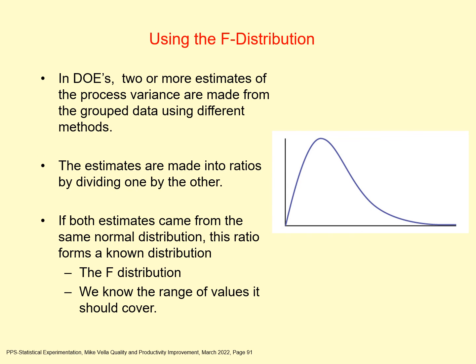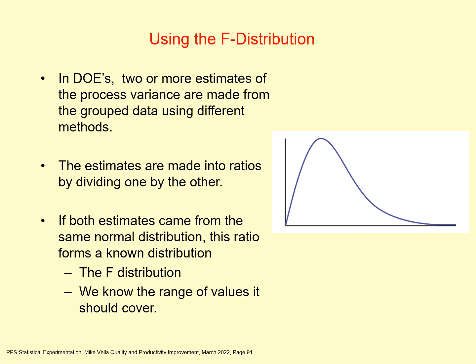In DOEs, 2 or more estimates of the process variance are made from the group data using different methods. The estimates are made in ratios by dividing one variance by the other. If both estimates come from the same normal distribution, this ratio forms a known distribution.